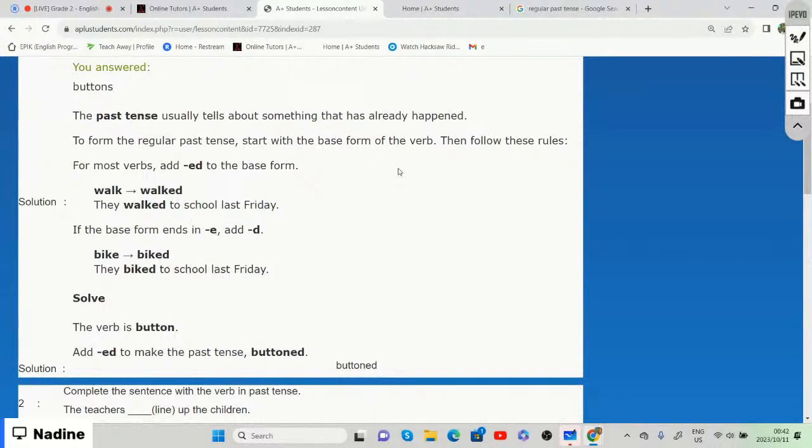And in order for us to form the regular past tense, we need to start with the base form of the word and then follow these rules.